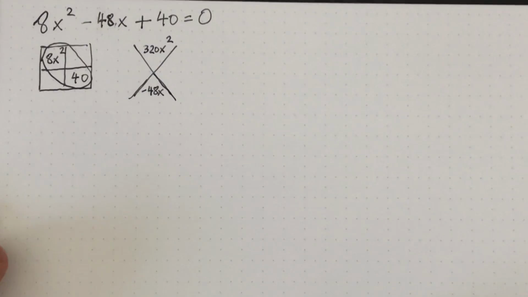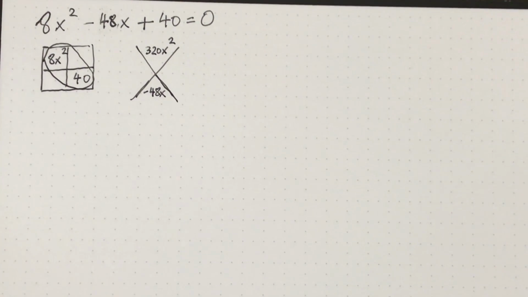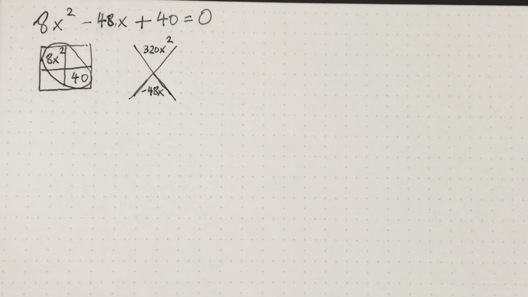Okay, so I want you to look at these numbers and realize, wow, these numbers are kind of big. To figure out what two numbers multiply to 320 and add to negative 48 might not be easy, or it's doable, but maybe it's not obvious, and maybe it takes a while for you to figure out what those two numbers are.